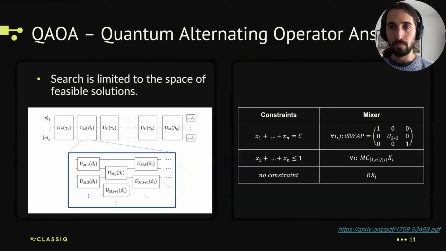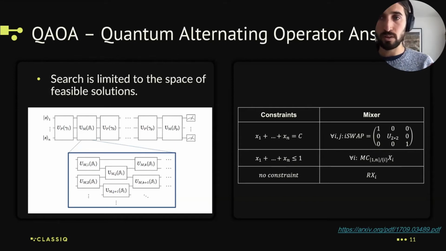Okay, in 2017, another QAOA algorithm was described with a different name, and then this obstacle is changed. We no longer plug the constraints in a penalty term in the objective, but we really limit the search space to be inside the valid solutions. And the valid solutions are defined by the constraints.